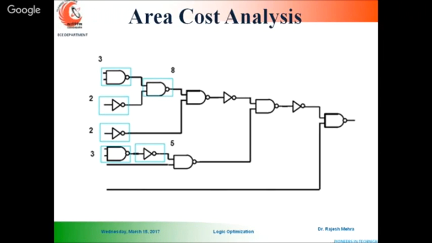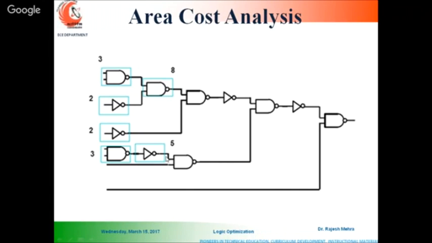Now after this NAND gate, what will be the cost? Cost will be 8. Why 8? Yes, you can see that 3 plus 2 and 3 of itself is 8, and here it is 2 because we are still not at that point, and here it is 3, inverter 2, and it is 5.